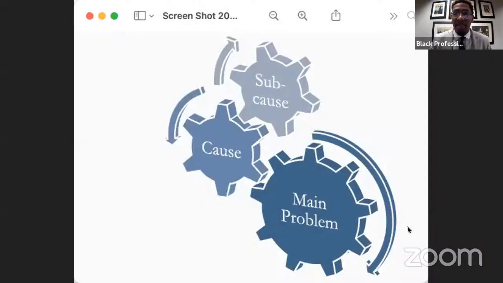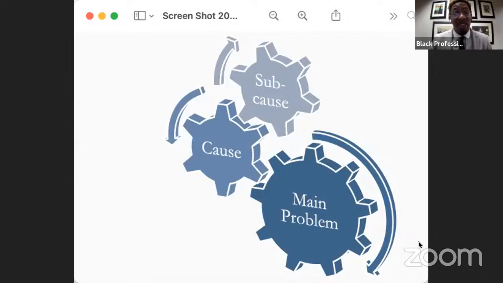And then following that, you also want to ask yourself the deeper question after that. So you know the main problem, you know the causes of those problems, and now you want to ask yourself, what are the causes of these problems? So going back to the graphic, because I know that can be somewhat confusing, you've asked yourself what the main problem is. You've asked yourself what the cause of that problem is.